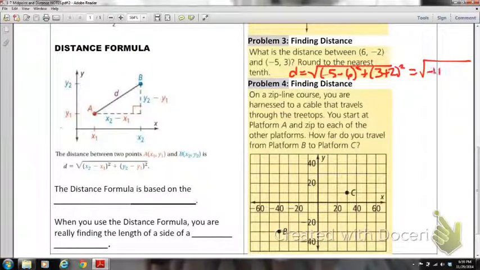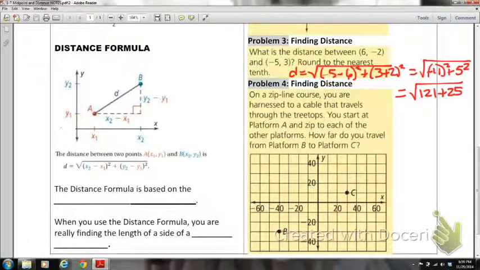-11 squared plus 5 squared. And don't forget that when you square a negative, you're going to get a positive number. That's where a lot of people miss this type of problem. A -11 times a -11 is a positive 121, and then 5 squared is 25.